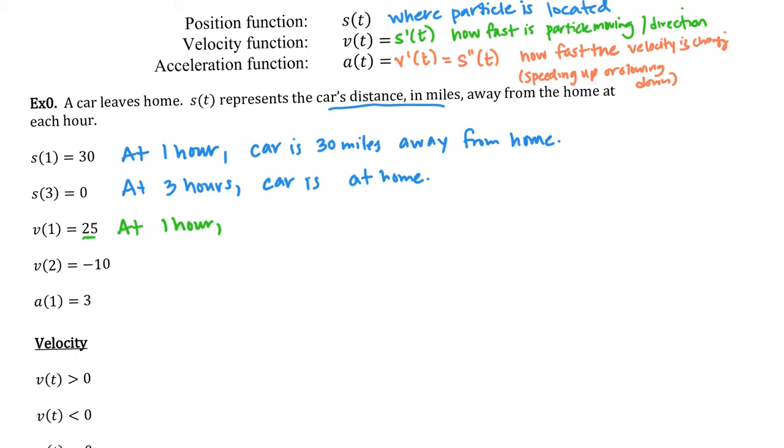So the unit should be the units of s over the units of t, so this is going to be in some kind of miles per hour. Okay, so let me think, what is my car doing in miles per hour? Oh, it's moving or it's driving. So at 1 hour, my car is moving 25 miles per hour. And since it's positive, it's going away from home.